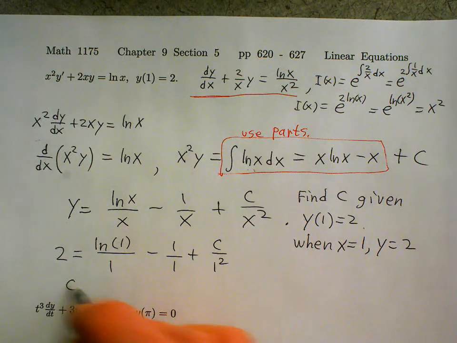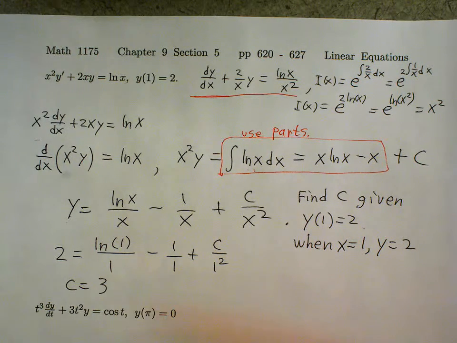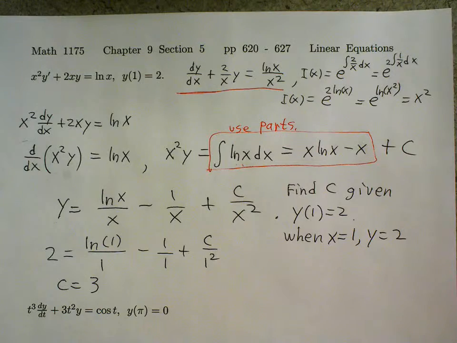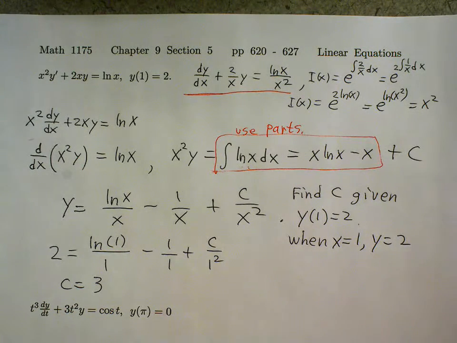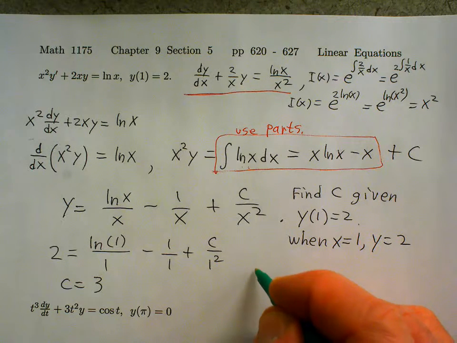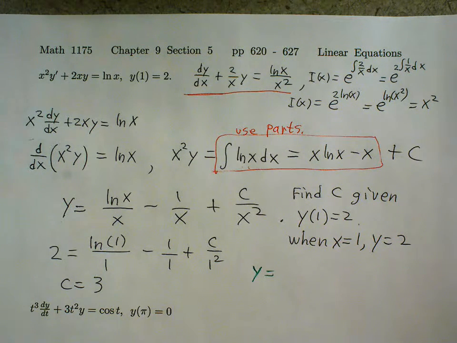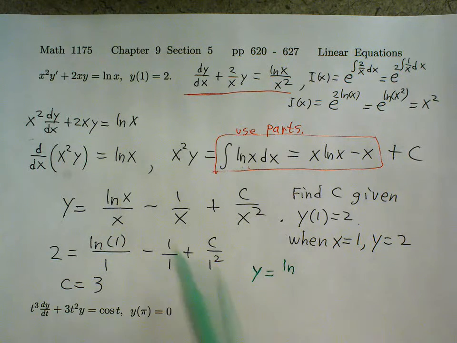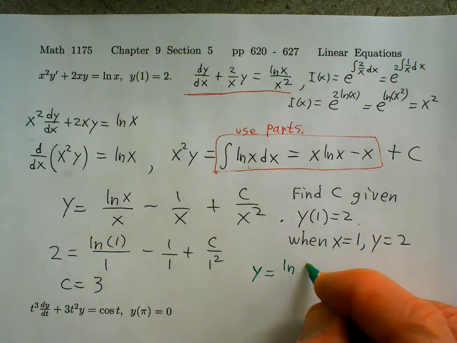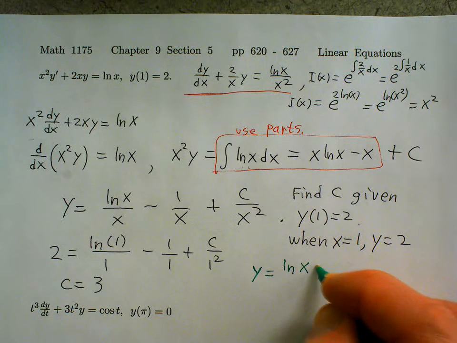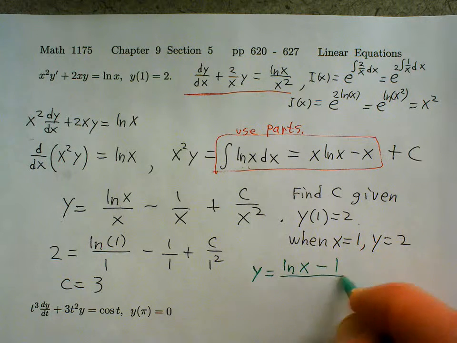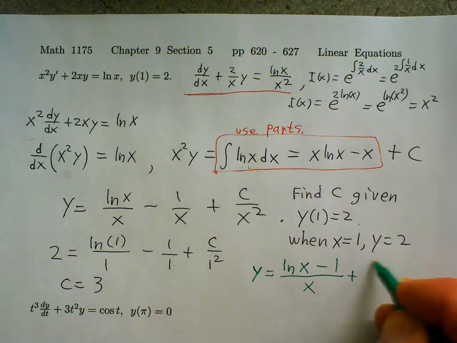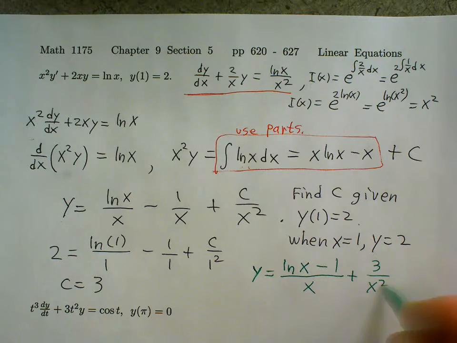And so c is equal to positive 3. Okay, so the specific solution is y equals the natural log of x minus 1 all over x, plus 3 over x squared.